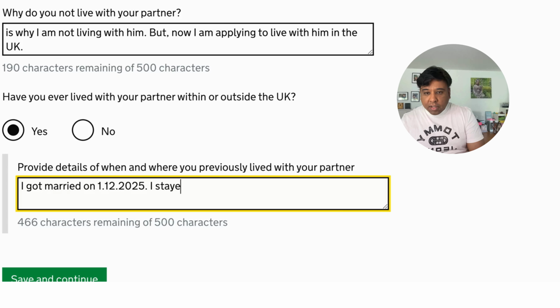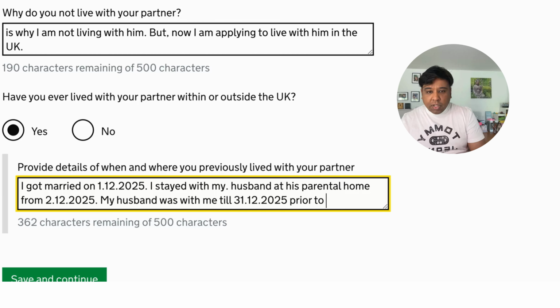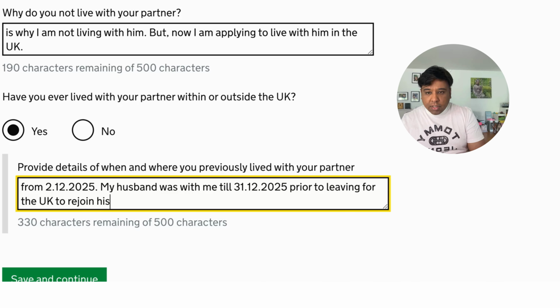I stayed with my husband at his parental home from 2nd December 2025 until he returned. For example, my husband was with me till 31st December 2025 prior to leaving for the UK to rejoin his employer in London. Something like that.